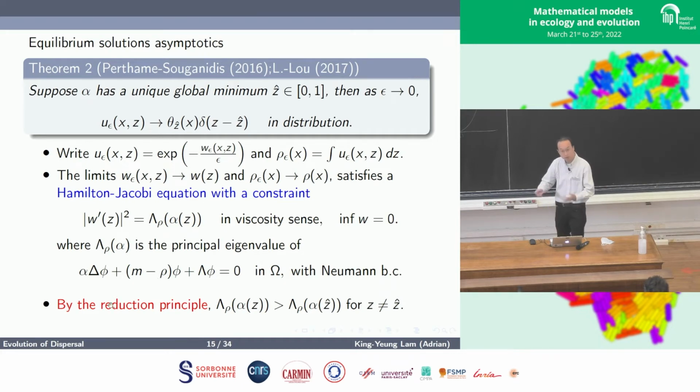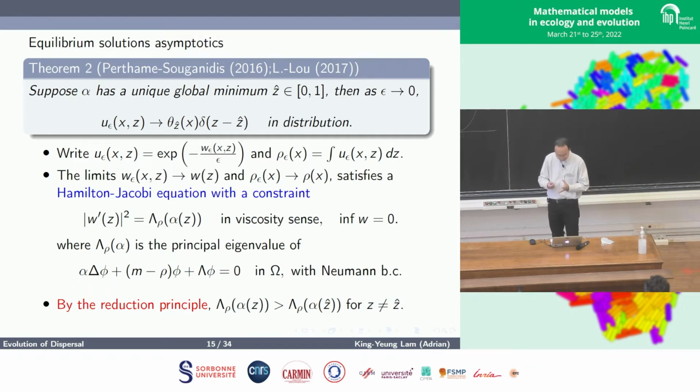But the reduction principle is a very general result, which says that whatever rho is, we expect the right-hand side, the effective fitness, to be an increasing function in diffusion. This means that if alpha attains a minimum point at z hat, then whenever you are a different type, you have a higher diffusion, and this translates to this inequality. Which means the right-hand side only attains its minimum at the phenotype with the slowest diffusion.